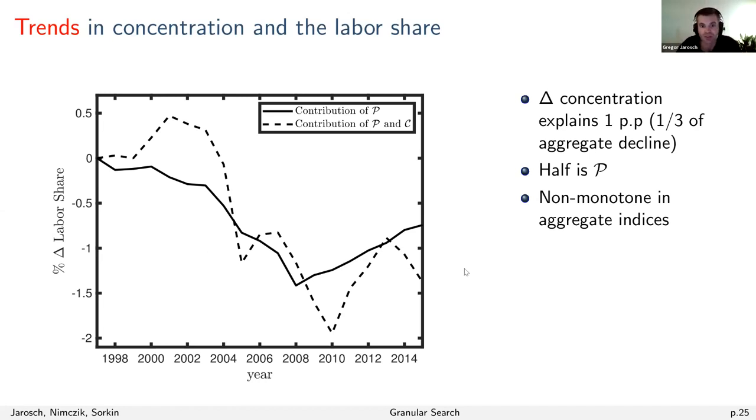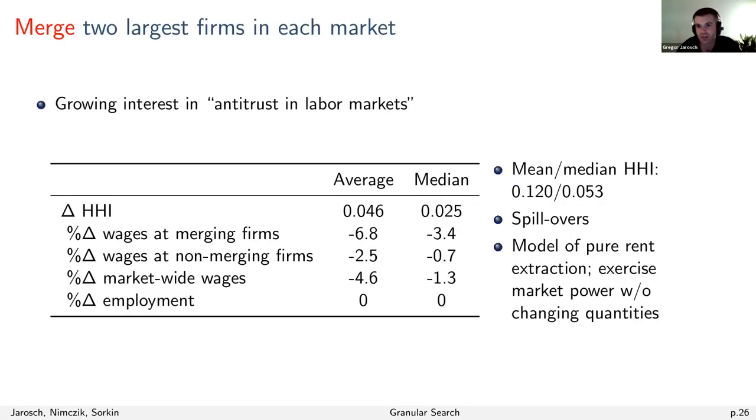And what we get from this exercise is that you can explain roughly a percentage point of the decline in the Austrian labor share, which amounts to a third of the overall decline, with this mechanism. If you buy into this exercise, where we're just rolling things back in time and asking how different would things look nowadays if we still had the type of market structure we had at the base period. Okay, so then here's the final exercise.